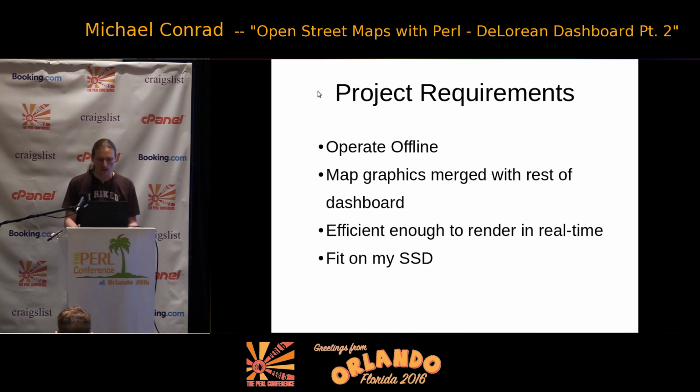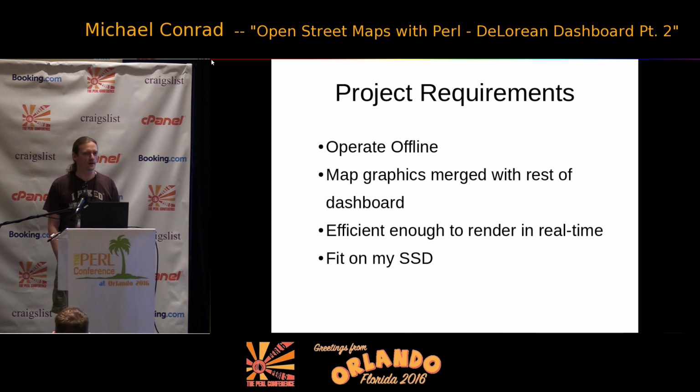So the next thing is that because it's in a car, I want it to operate offline. I don't want to have a live internet connection to pull this stuff off of Google Maps or somebody like that. Not to mention, if it's even feasible, you might just run over your data plan if you're driving around continuously with that enabled.